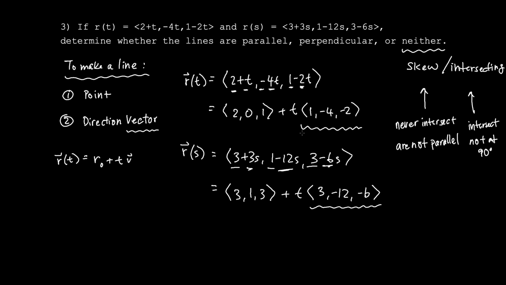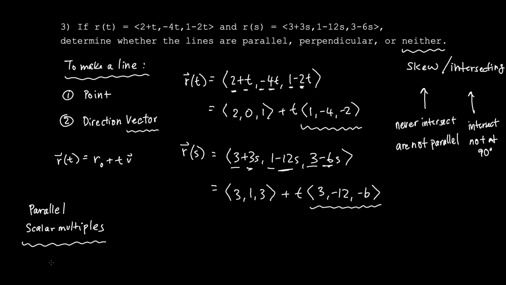So now that we've found both direction vectors from each of these lines, we can analyze them and say if they are parallel or perpendicular. Lines are parallel when their direction vectors are scalar multiples of each other. So let's test for that.